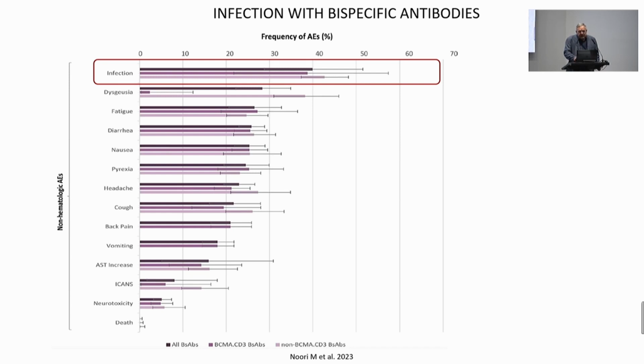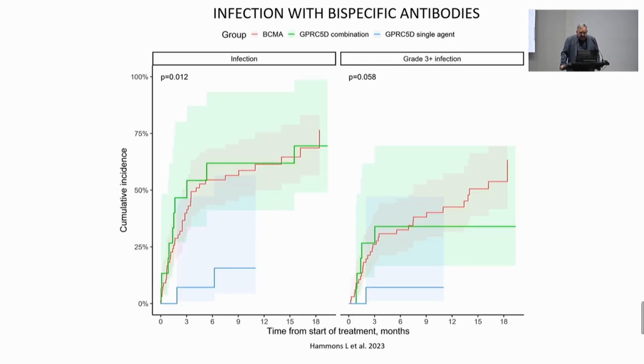It's also related to the CAR T cells. This risk of infection is time-dependent and is the main concern currently, besides the cytokine release syndrome and the neurotoxicity, the ICANS, with the new therapies.